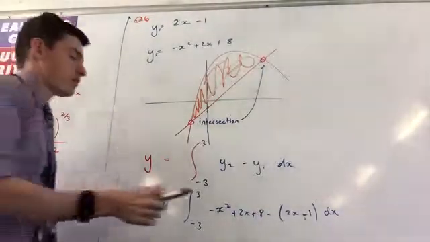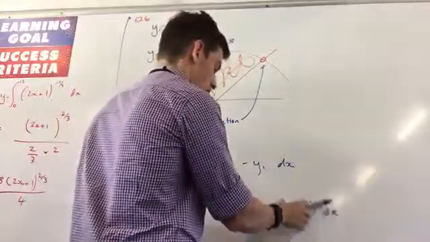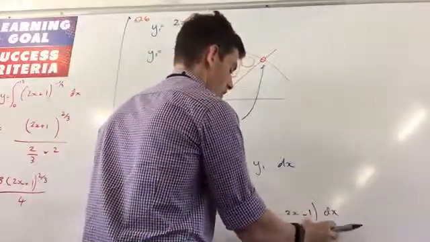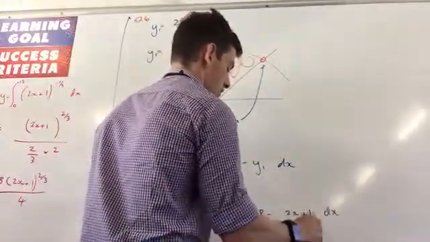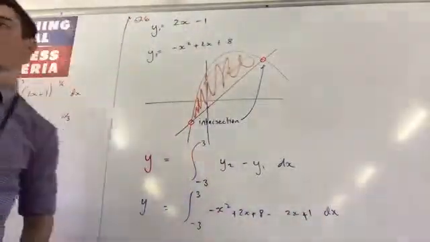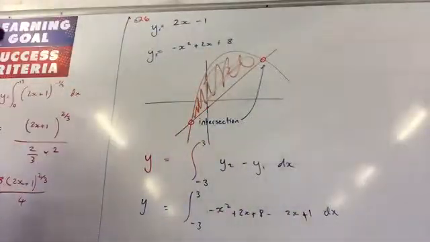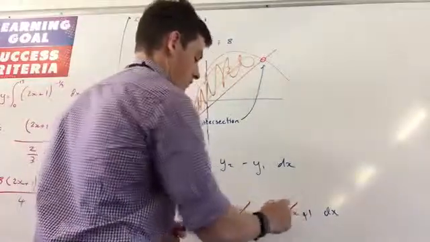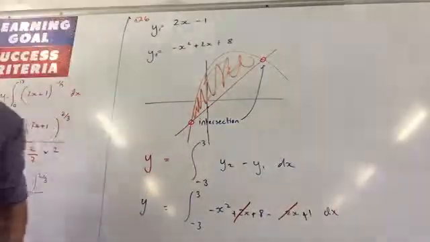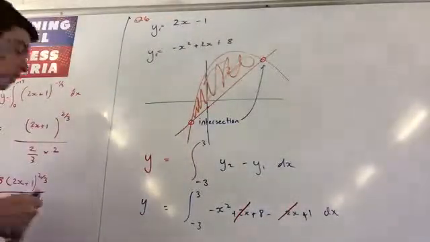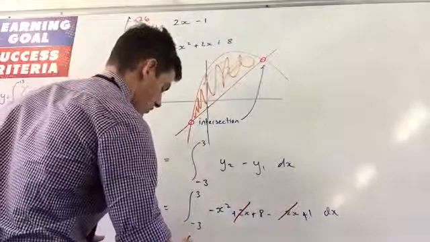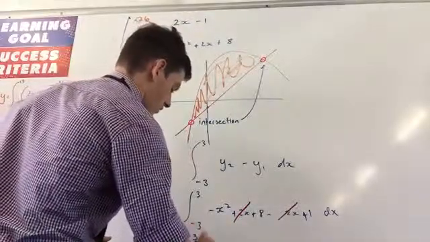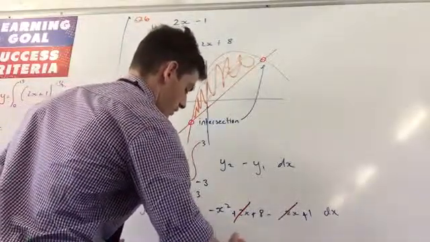So I'm going to get rid of these brackets and write minus 2x plus 1. Why does it make it easier? Yep, and I can cancel and collect like terms. So I've really got the function negative x squared plus 9 dx.